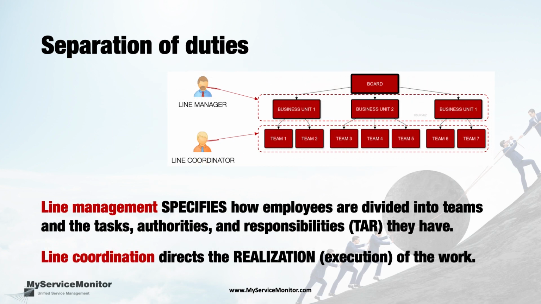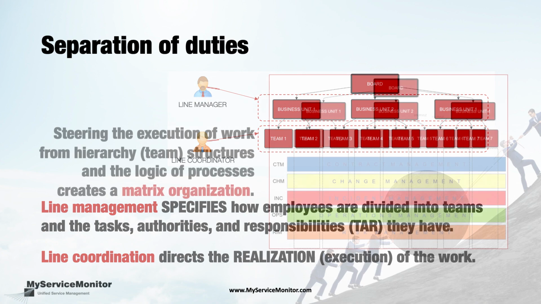From an organizational perspective, line management will decide how employees are divided into teams and what the tasks, authorities, and responsibilities of these employees are. And line coordinators actually direct the execution of the work.